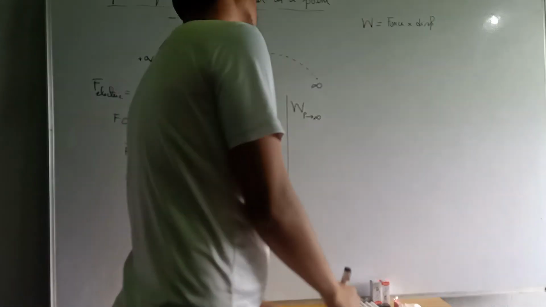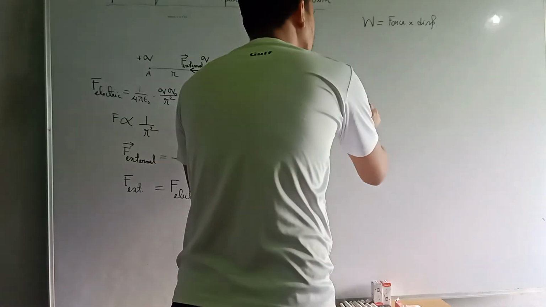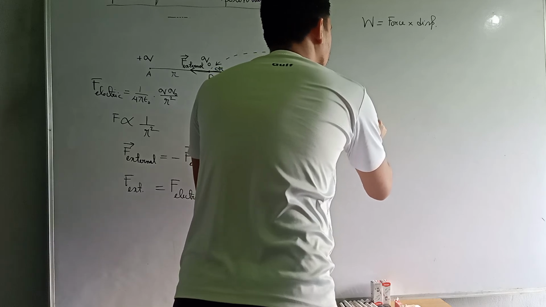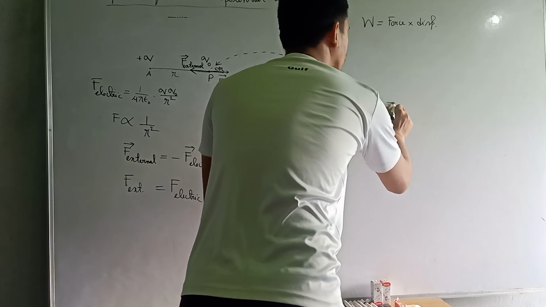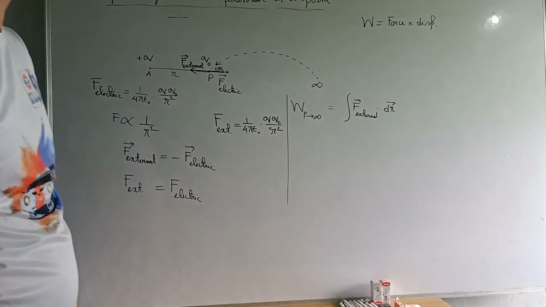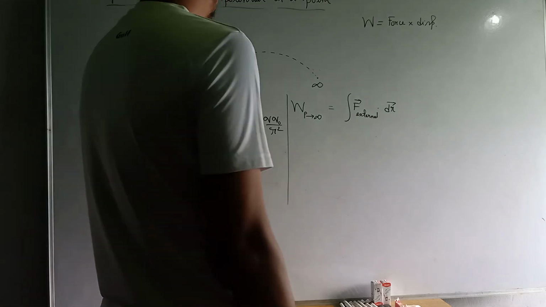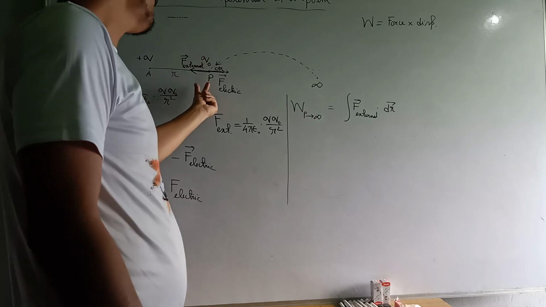Then the work done by the external force will be given by integration of your external force dot dr. This is the formula for work done by a variable force, integration of F dot dr. Now we are taking the test charge from P to infinity.